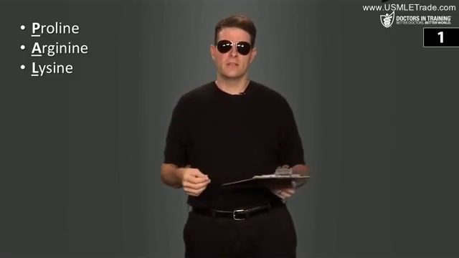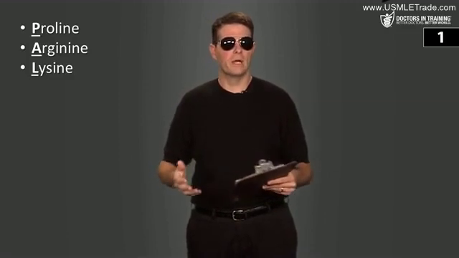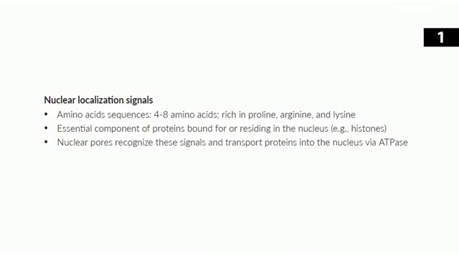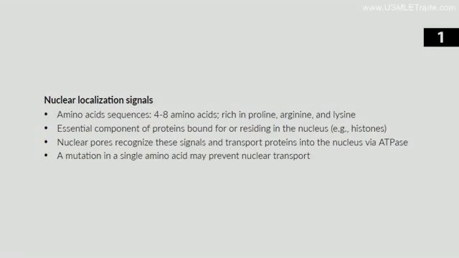Another student suggested that the bouncer only lets people who bring positive energy into the club, because again, those are positively charged amino acids. Then one last point: if you have a mutation in a single amino acid in this 4 to 8 amino acid sequence, it could potentially prevent that protein from being transported into the nucleus.